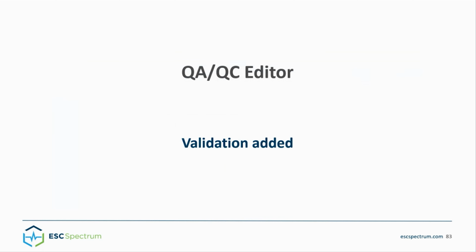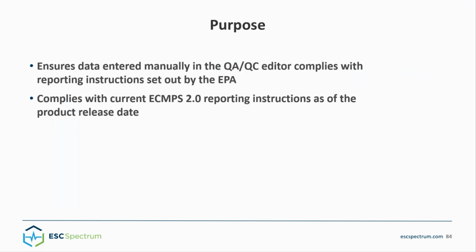In the QA/QC editor, we added validation, just visual validation for the latest reporting instructions and JSON schema rules from the EPA, so that everything is in compliance with the latest.